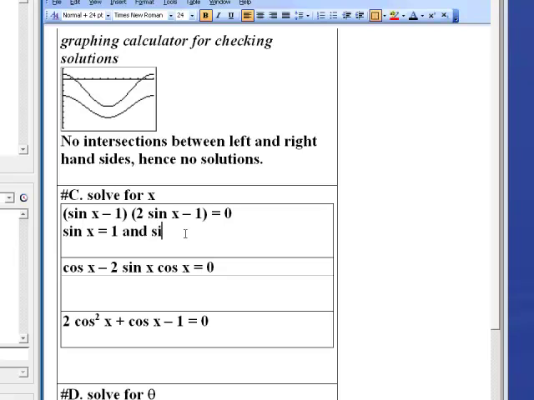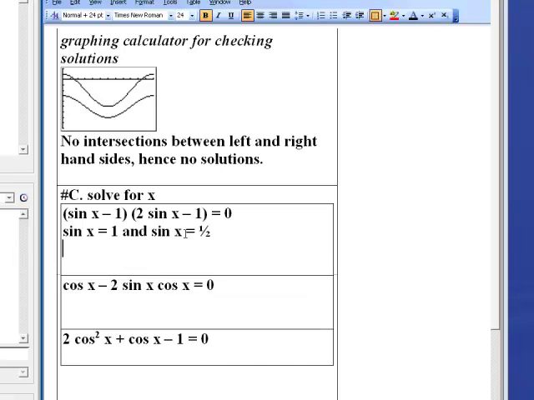And the parentheses on the right is going to be sine x equals positive 1/2. Of course, you add 1 and divide by 2, so 1/2. And then, of course, the solutions are, sine x equals 1, there's only one, 90 degrees, or pi over 2.